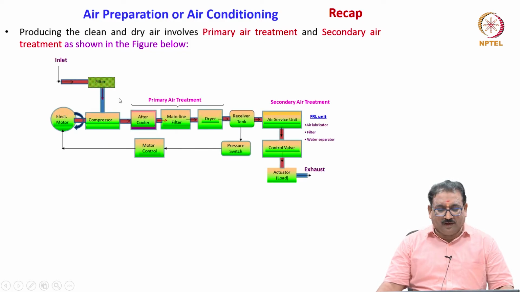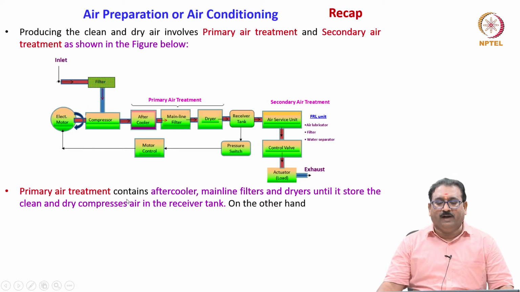Correct, friends? This is a compressor which will suck the air and compress the air to the required pressure. Then air will exit from the compressor and pass through the air conditioning steps: primary air treatment and secondary air treatment.